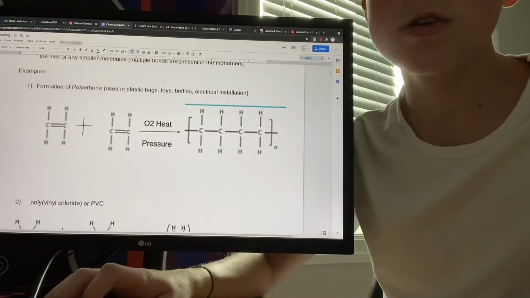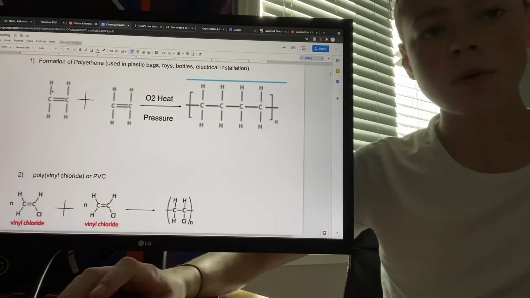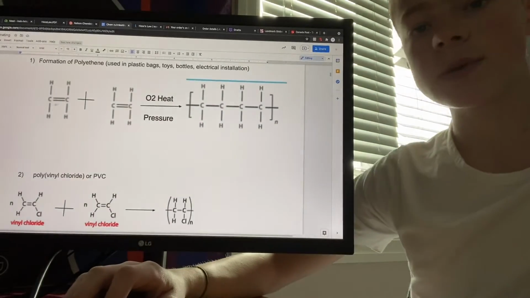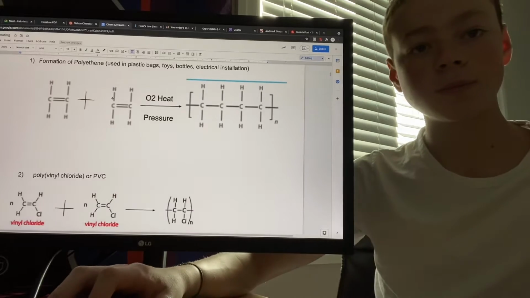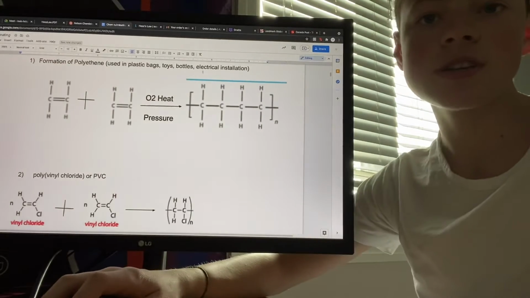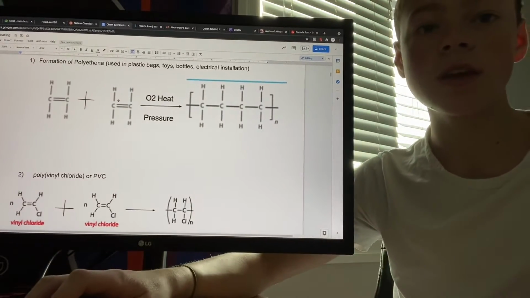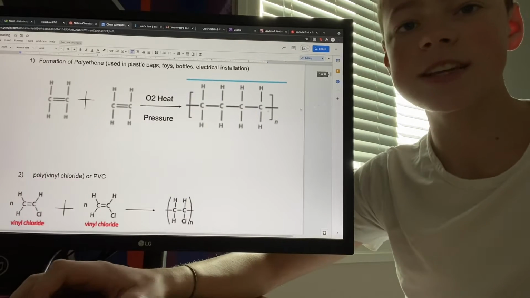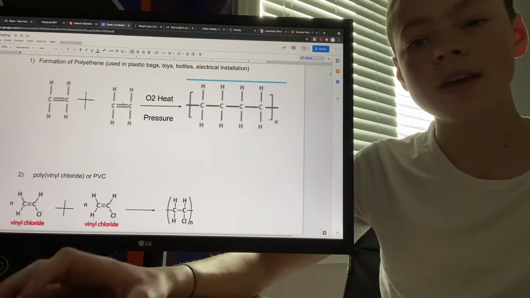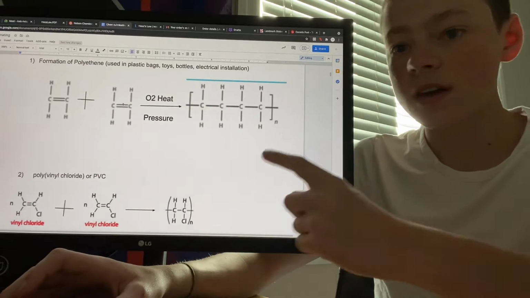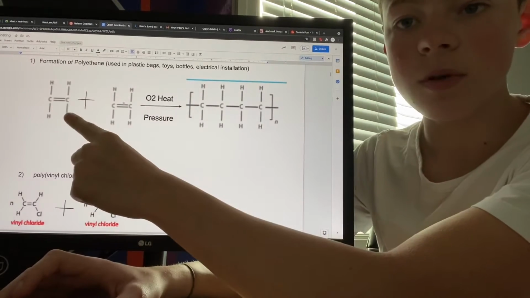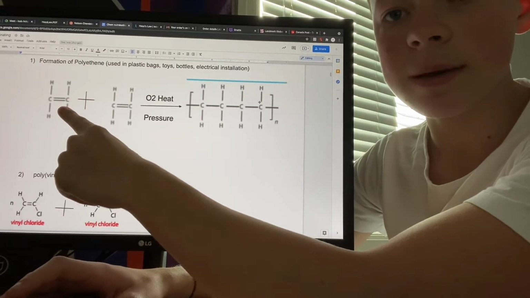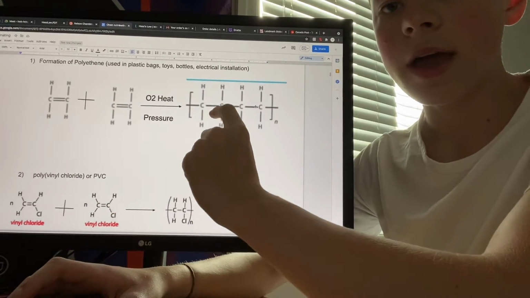So basically they're going to give you a monomer, and once you add two of them together, it's going to turn into something like this. Because they are bonded together and it is continuous, you're going to drop the double bond, as you can see right here, and it's going to become a single bond over here, and it's going to repeat.